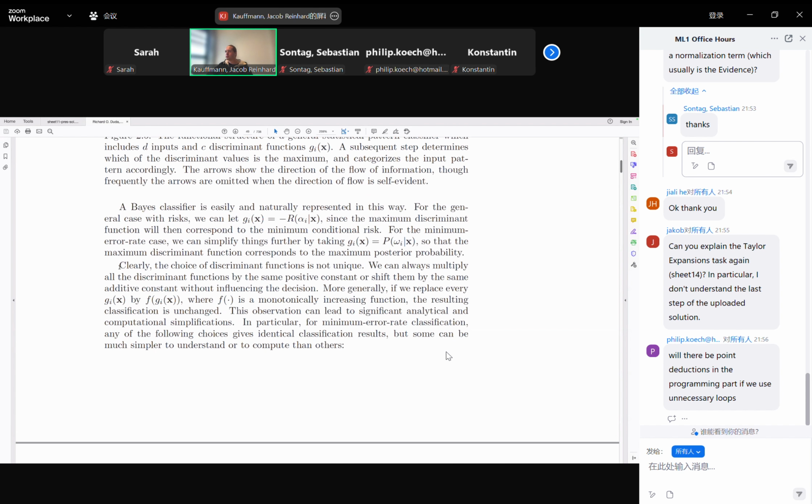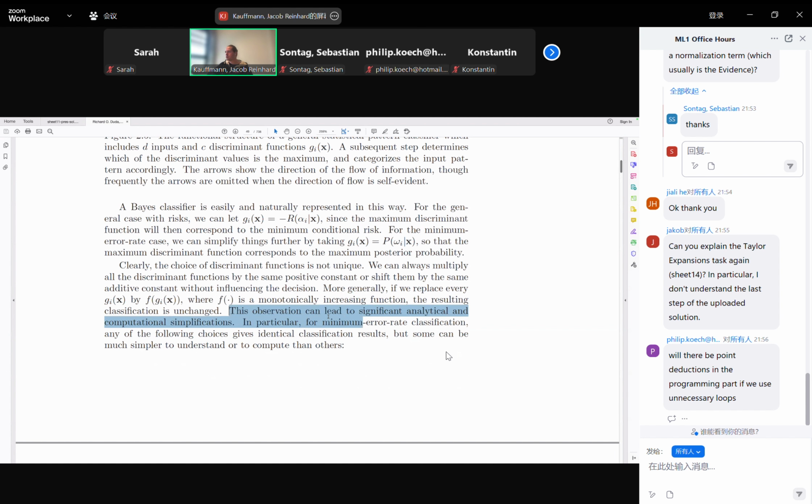And here below it says, clearly the choice of discriminant function is not unique. We can always multiply all discriminant functions by the same positive constant or shift them by the same additive constant without influencing the decision. More generally, if we replace every g_i by f of g_i of x, where f is a monotonically increasing function, the resulting classification is unchanged.